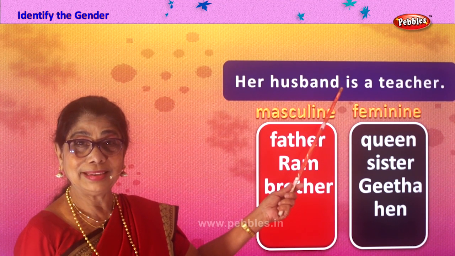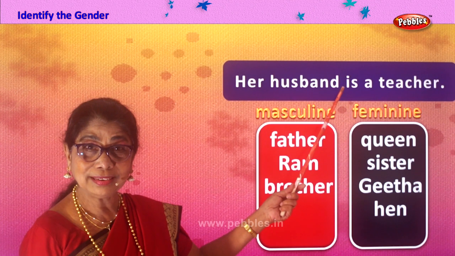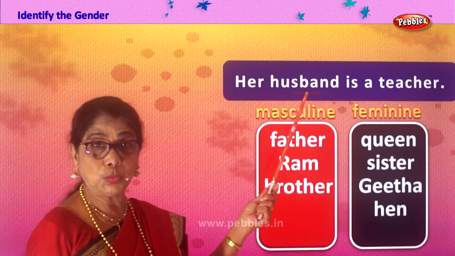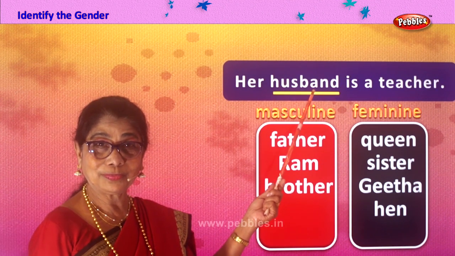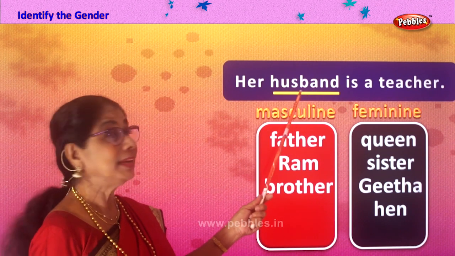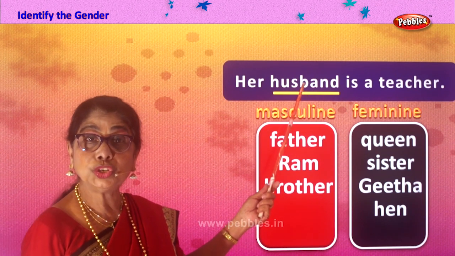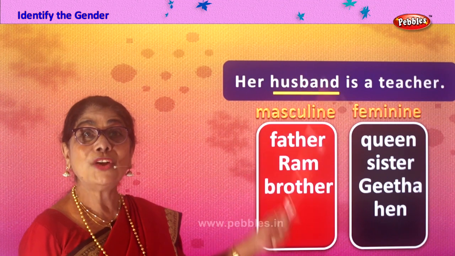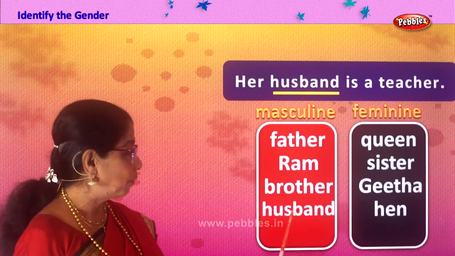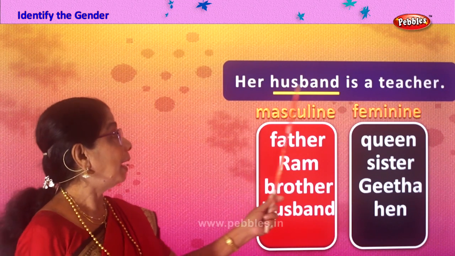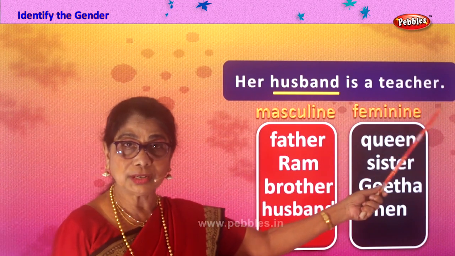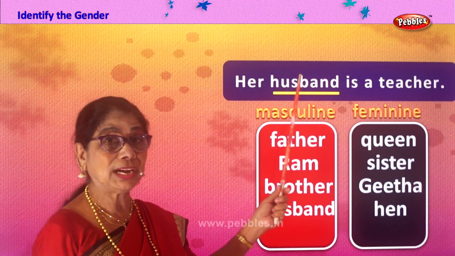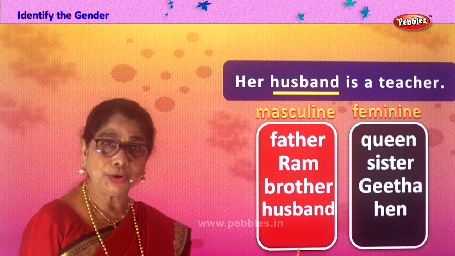Masculine gender. Underline that word. Good. Now, husband goes into which column? Masculine column, that is red. So we put it into the red box. Husband is a teacher. Husband, masculine, we put it into this box.